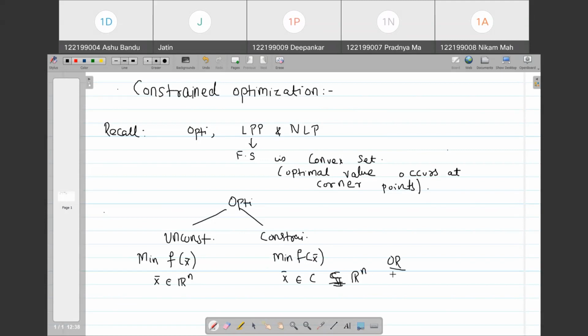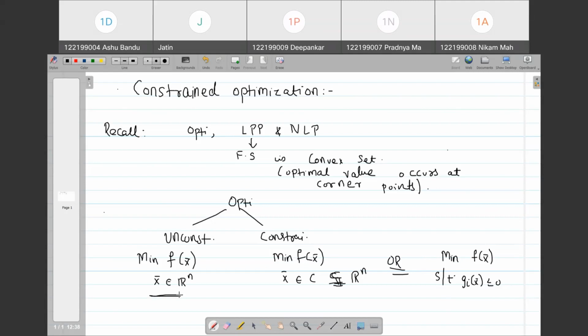Or another way to write it is, I have to minimize my function f of x bar subject to gi's less than or equal to 0. Both ways are fine. So unconstrained means there is no restriction on your x bar, it can be anything from Rn, and that's what we saw yesterday.